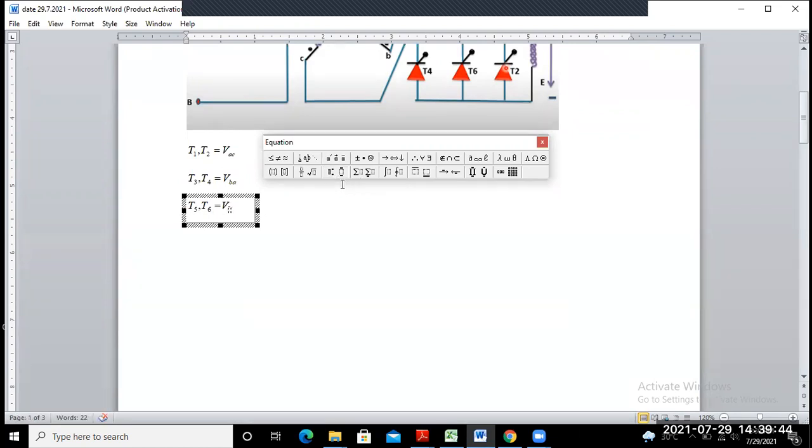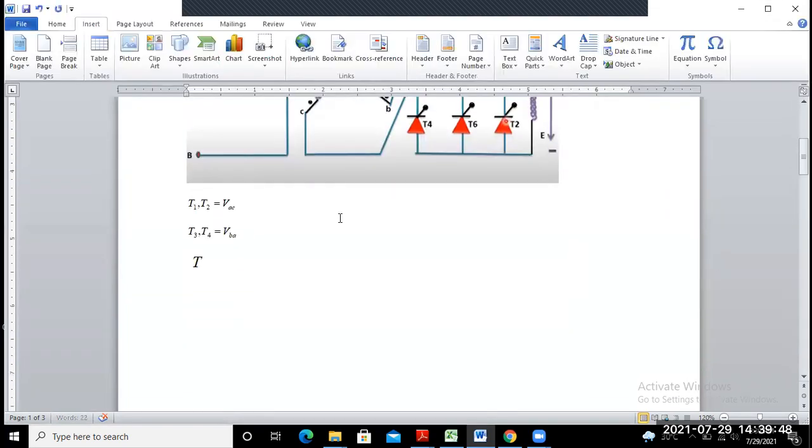Here we consider alpha equal to 30 degrees, that means the delay angle.